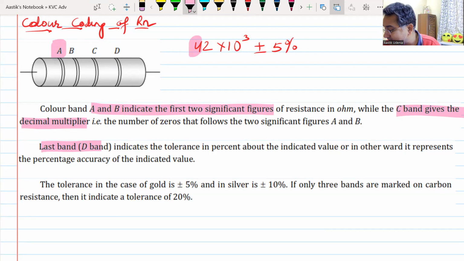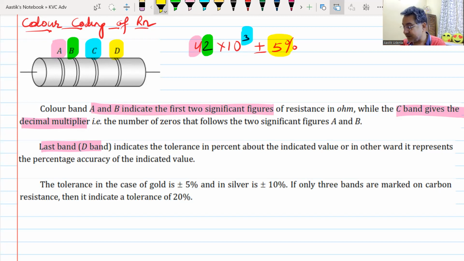Do we understand this? Yes, sir. Green code will give us the value of 2. C code will give us the value of 3. And D code will give us the tolerance percent. Do we understand this? I'll give you 2 minutes to note this down.